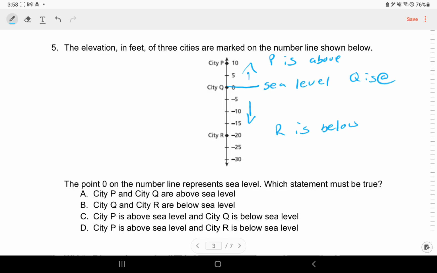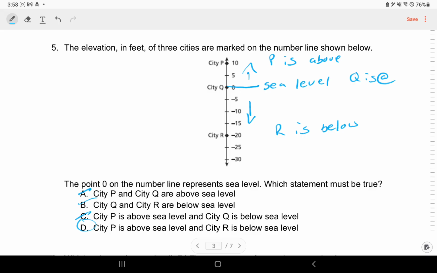So city Q and city R are below sea level? Again, city Q is at. City P is above sea level and city Q is below sea level? Doesn't work. City P is above sea level and city R is below sea level. And so there you go.